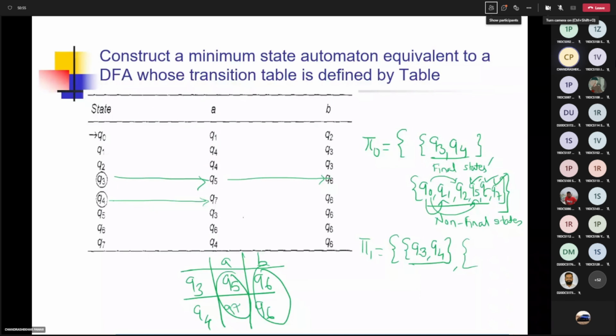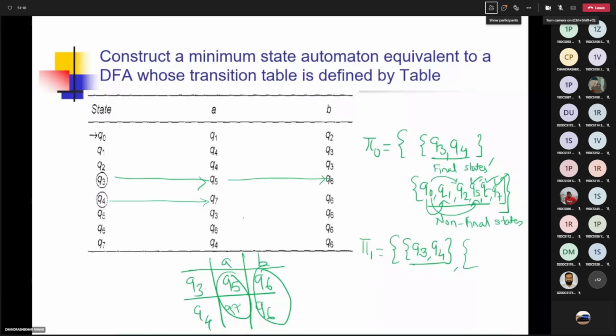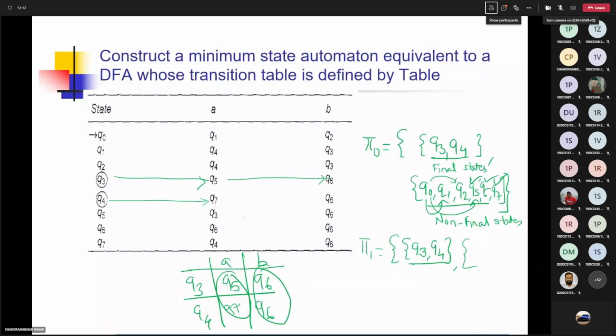Okay, one student just discussed with me that pi 3 is equal to pi 2. So here we can say that pi 3 is equal to pi 2. So we need to stop. Please remember this.